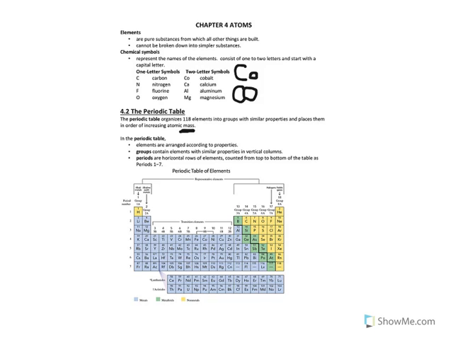Groups contain elements with similar properties, which are placed in vertical columns. Periods are horizontal rows of elements, counted from top to the bottom of the table as periods 1 through 7. So again, periods go across, 2, 3, 4, and groups go down. Group 1, group 2, okay?